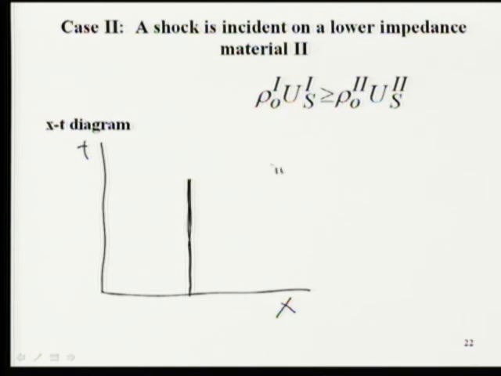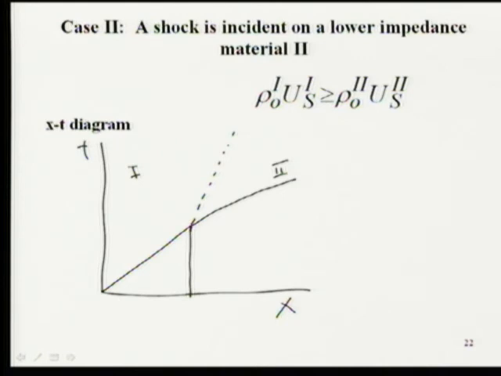So this is 2 and this is 1 again, but this is a lower impedance material over here. So what you get then is a shock. Actually, I probably should draw the shock, and this is the boundary, and then it goes off. So you get a shock transmitted.